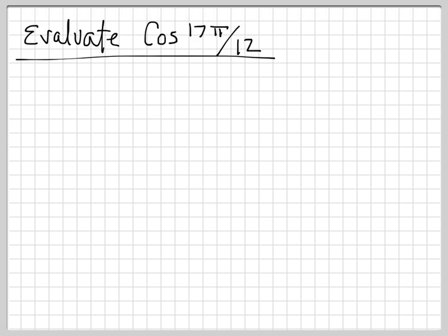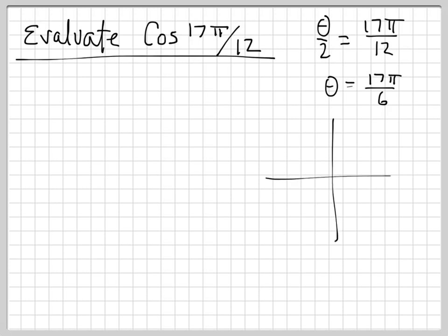Let's evaluate cosine of 17 pi over 12. So again here, our theta over 2 is 17 pi over 12, and so our theta is 17 pi over 6. Now, there's 0, there's pi. If I was to do this in twelfths, that would be 12 pi over 12.